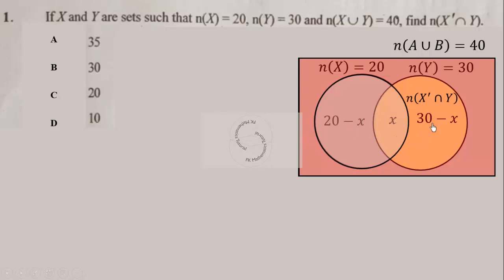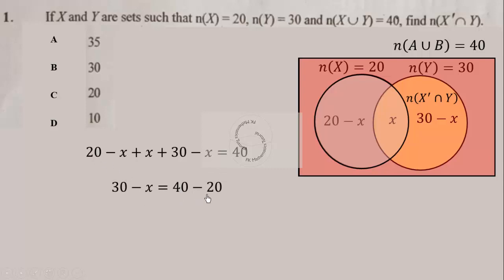So given this information, we know that the addition of all these three regions will give us the universal set, since this region is 0. So we are looking for 30 minus x, which is equal to this. We know that this and this will cancel out, so we make 30 minus x the subject.